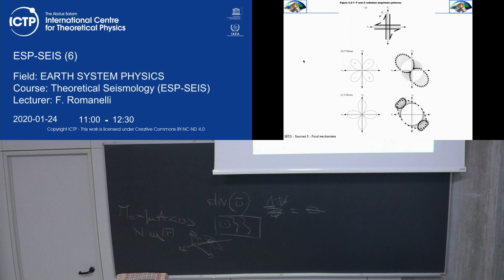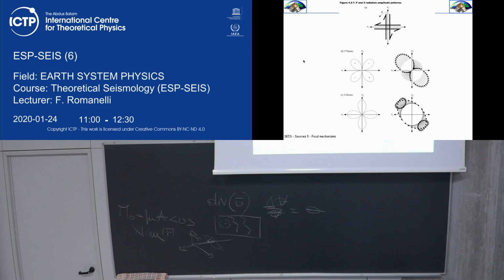Another sketch coming from the last session textbook, but it's nice because now you have to imagine to take the radiation pattern, to look at it from one side. This is the arrangement of the body forces, or you can imagine also a slip on the fault, like in the specific case that we considered. Do you remember? The slip was here, and that was the normal. And it could be replaced by a double couple.